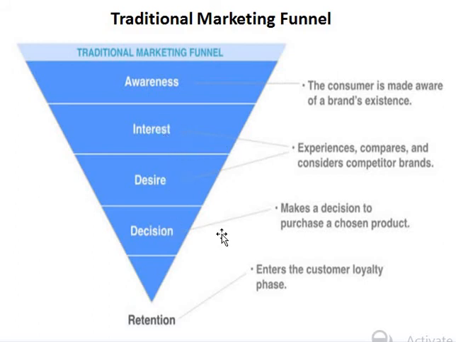Then decision: you are making a decision about the purchase of a Dell laptop. So suppose awareness is 6, then interest may be on 4 and desire may be on 2. At that stage we have desire only for 2, Dell and HP, and the final stage, decision, is for Dell.